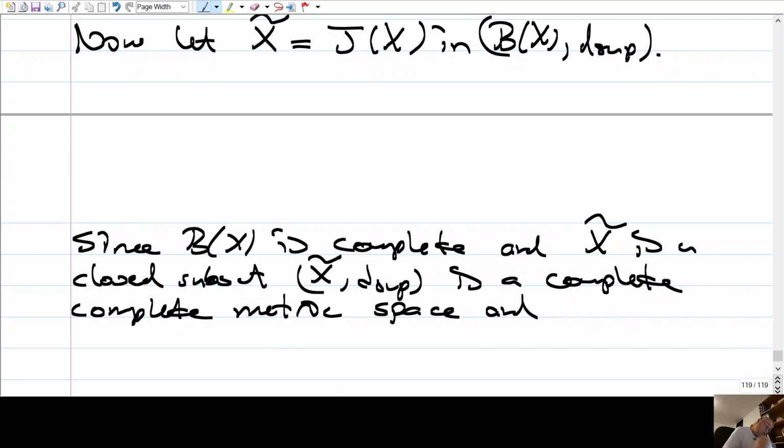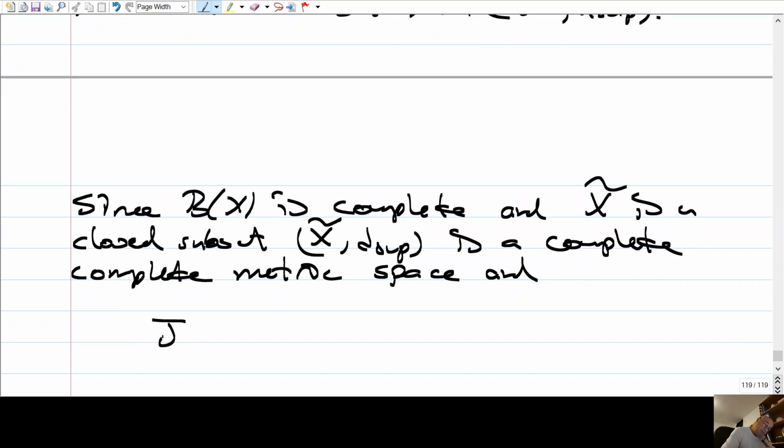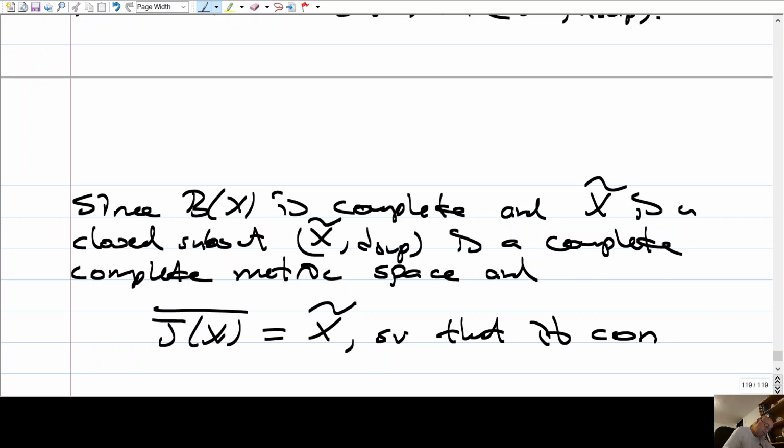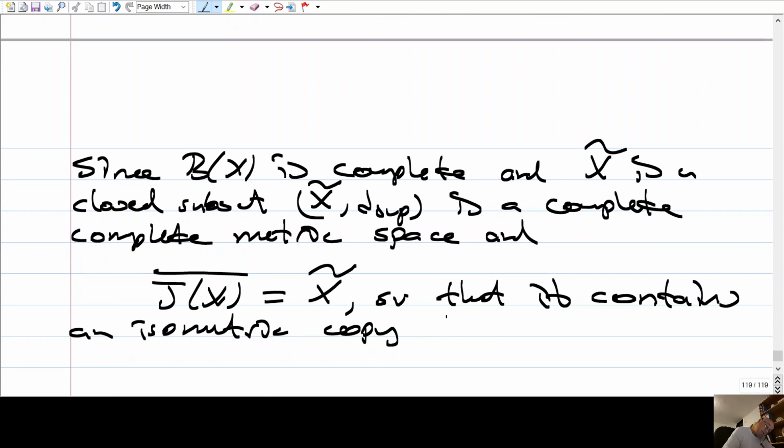And moreover, the closure of the image is equal to x tilde, so that it contains an isometric copy Jx of x as a dense subset.